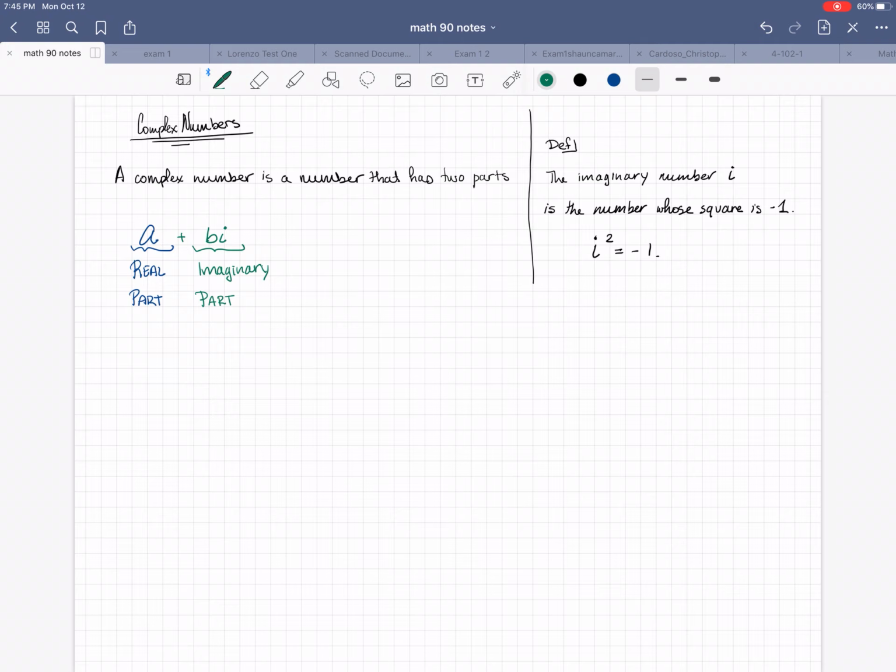So here are some examples. Here's an example of a complex number, 7. So you might be thinking to yourself, 7, that's a whole number. How is that complex? Well, this is where we realize every single number we've encountered so far has actually been a complex number that's just been purely real. So I'm going to write here, this is a purely real complex number.